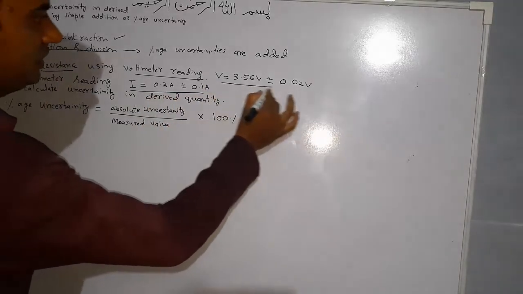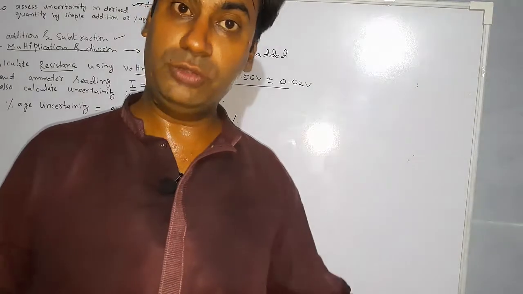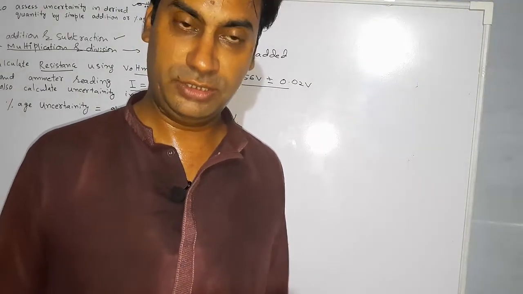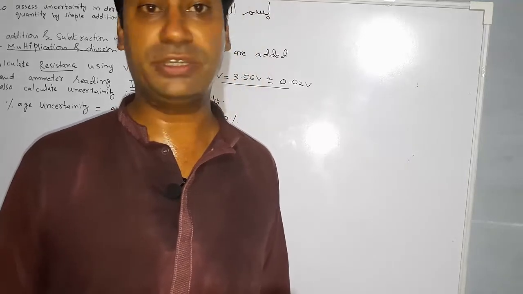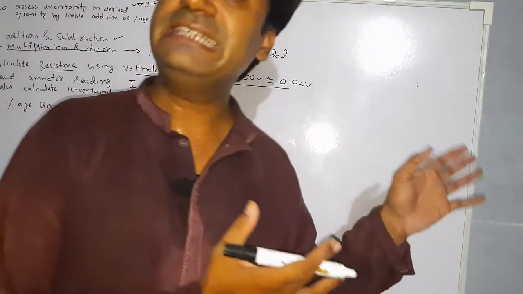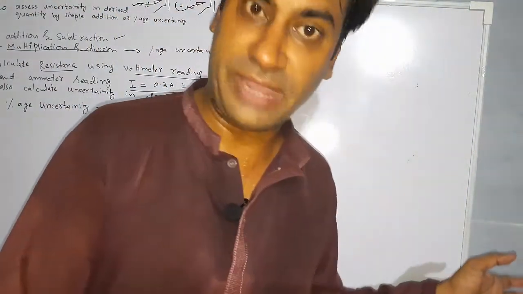Now the question arises: what is the relationship for the resistance using this voltmeter reading and this ammeter reading? We all know that resistance is the property which opposes the flow of electric current, or the ratio of voltage to current is called resistance. First we calculate the resistance and then its uncertainty in the final reading.